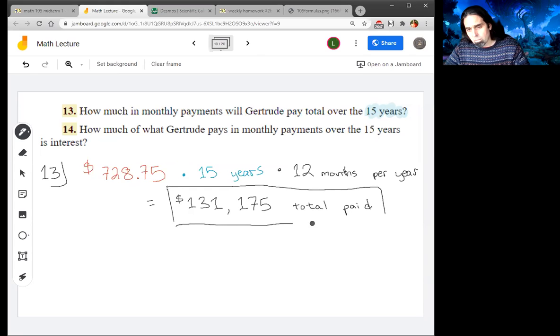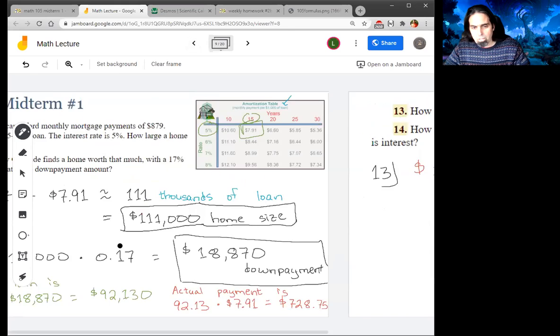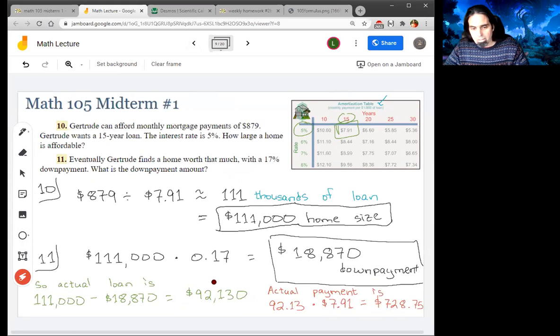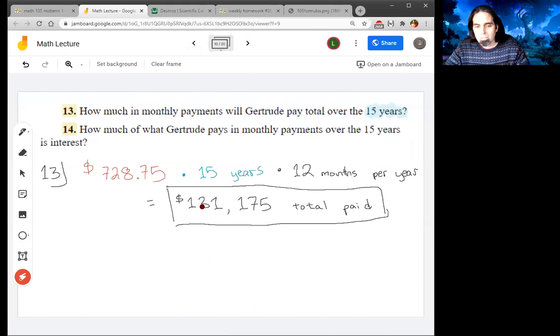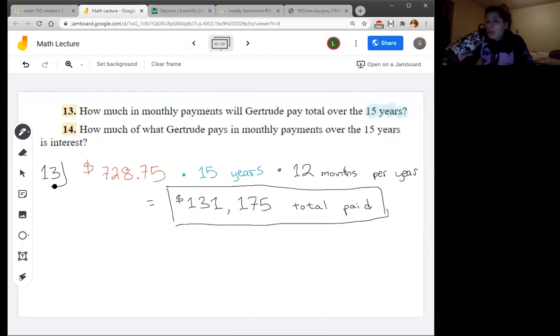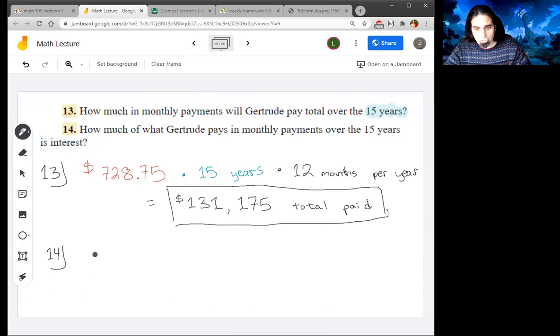So that's more than the loan. Her loan is only 92,130. So why does she pay more? Because of the interest. In fact, everything that is extra is interest.